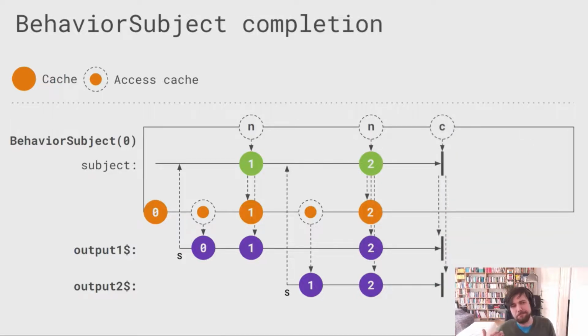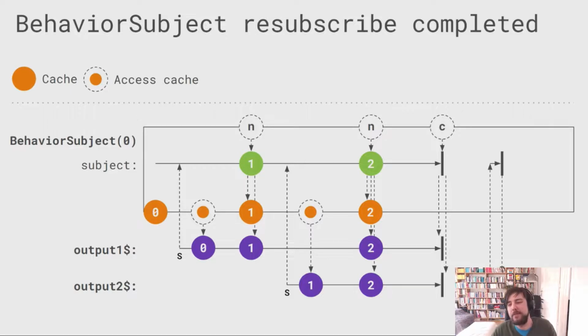So if a behavior subject completes, same as with the subject, it forwards the completion event. But what about resubscribing to a behavior subject that is already completed? Same as with the subject, I just get the completion event back and know the state that it is already completed.